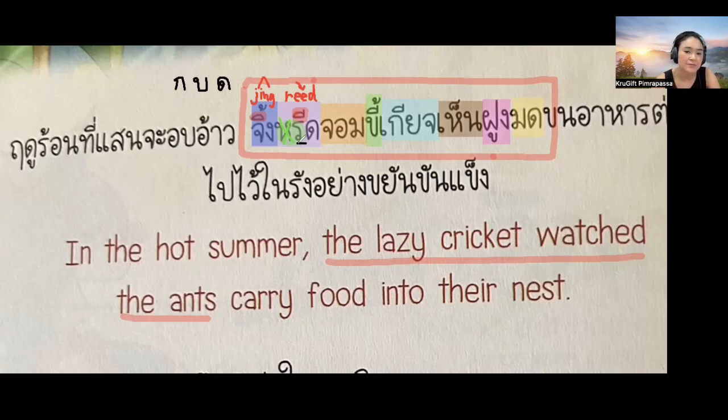For example, this one. Supposed to be read, right? But it's gonna be low tone automatically, which is read. So the word จิ้งหรีด means a cricket here. A cricket. จิ้งหรีด, cricket. Okay, let's move to the next word.